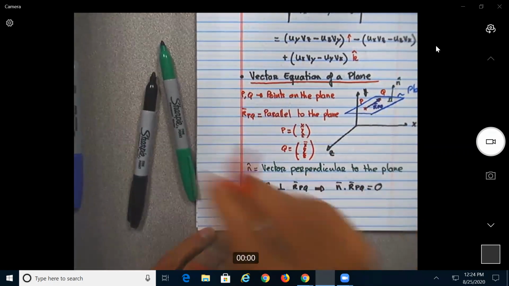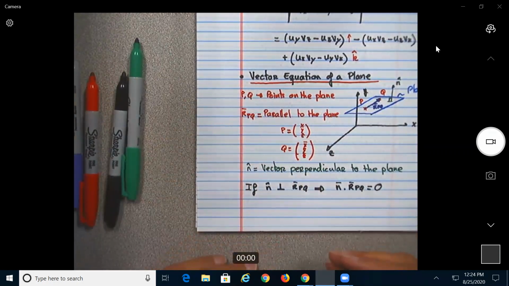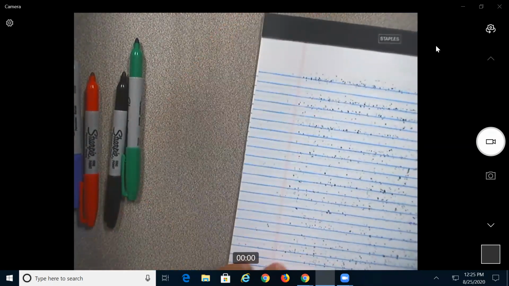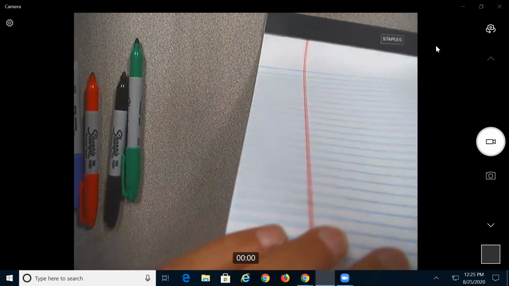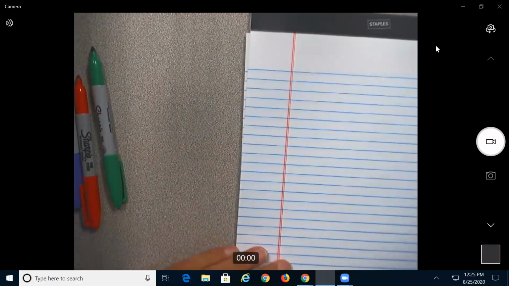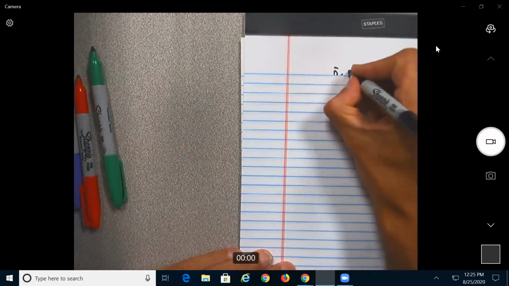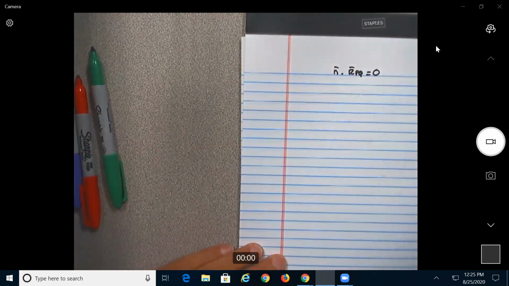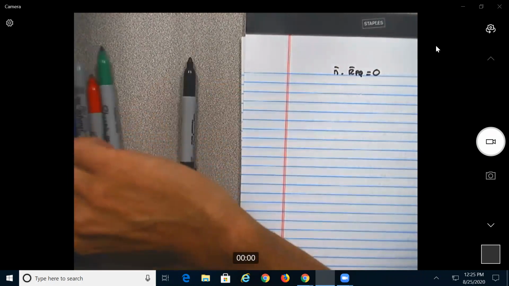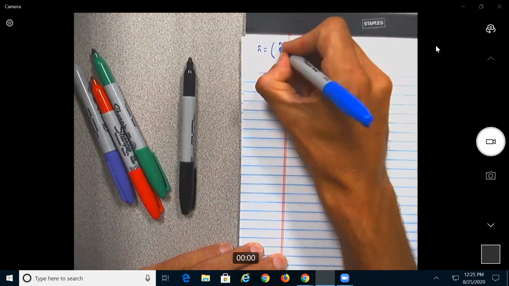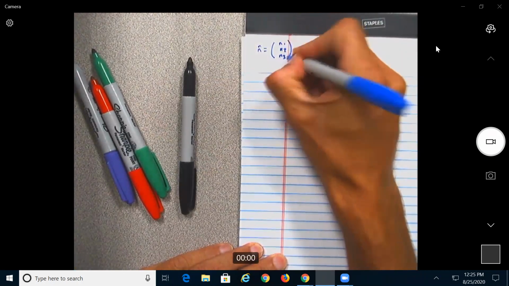I think I complicated the notation a little bit. Let me go to the next page, otherwise I'm going to put way too much information here. But if I just rewrite the same equation using the components, so basically I just need to rewrite n dot PQ equal to 0. So n, we don't know what it is, but let's say it's equal to n1, n2, n3.